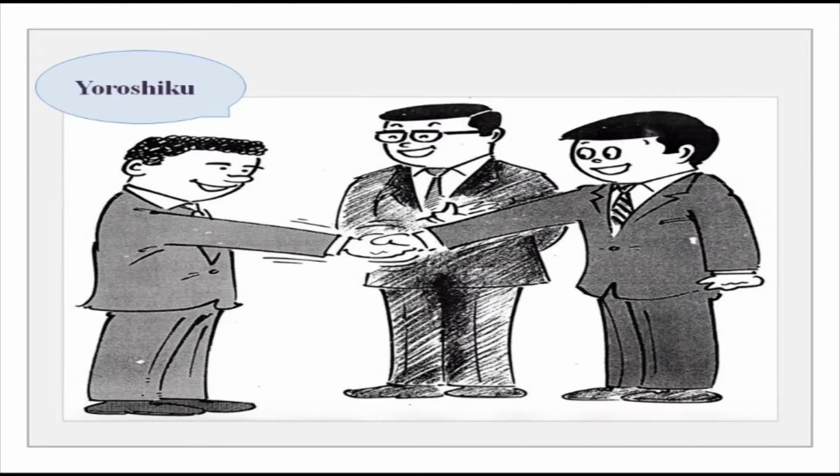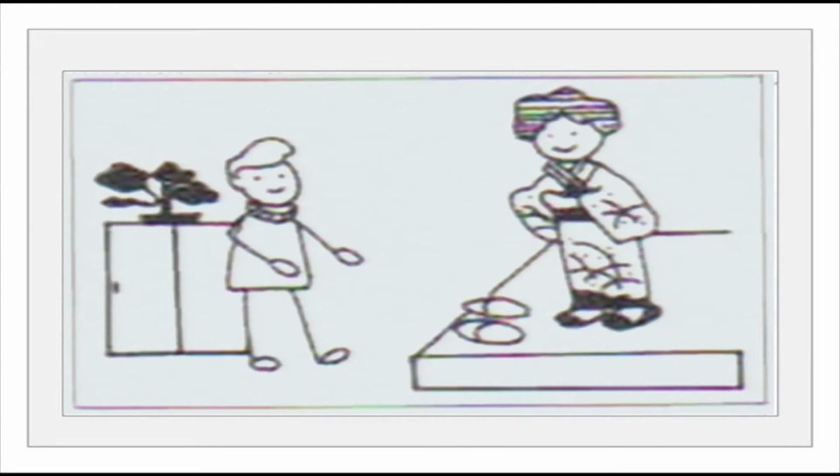Then, what do you do when you go to a Japanese house? As you can see in this picture, this is the main entrance of the house. There is a small bonsai plant over here. The lady of the house is here and this gentleman has just entered, and there are slippers, and this is a small elevated portion where you have to step up and enter the house.